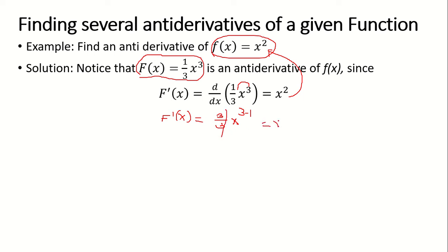And then x raised to 3 minus 1 is 2. So, the derivative of this function, capital F of x, is equal to the function small f of x is equal to x squared. Then we can say that capital F of x is an antiderivative of small f of x.